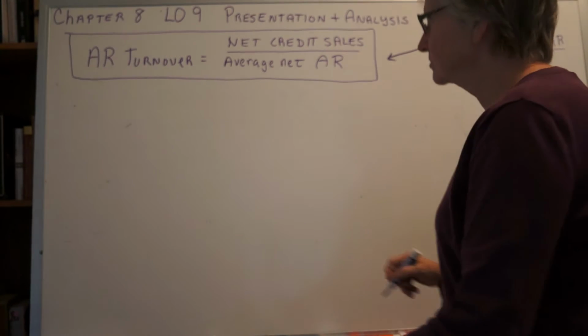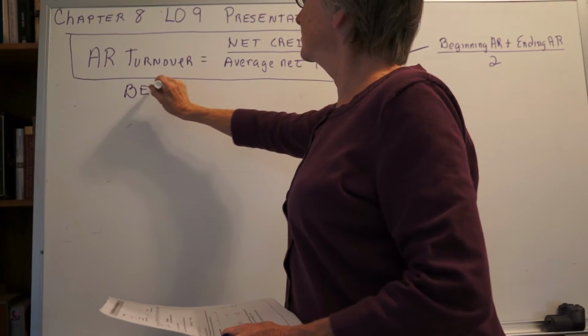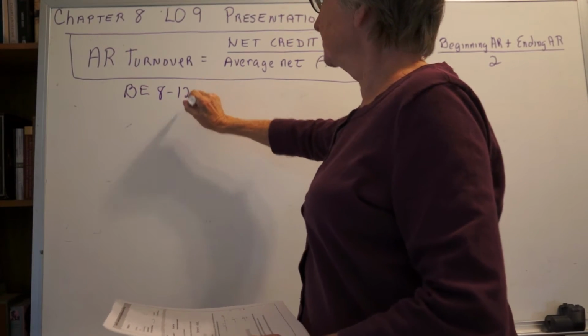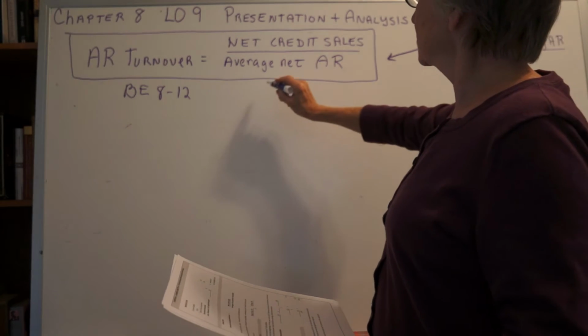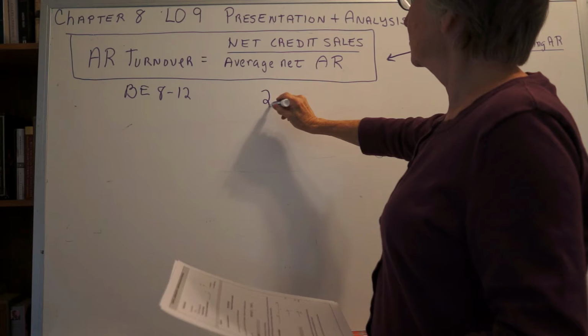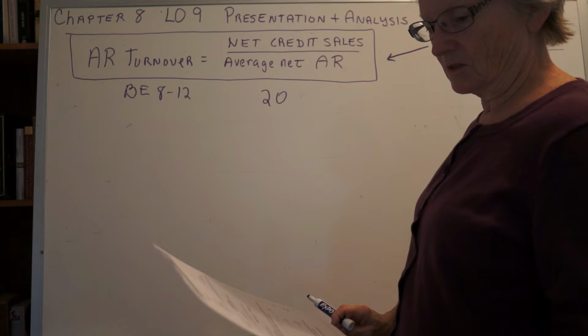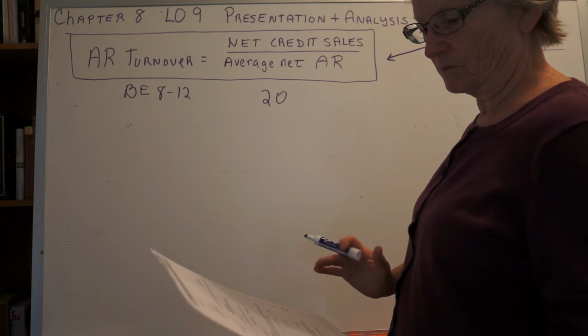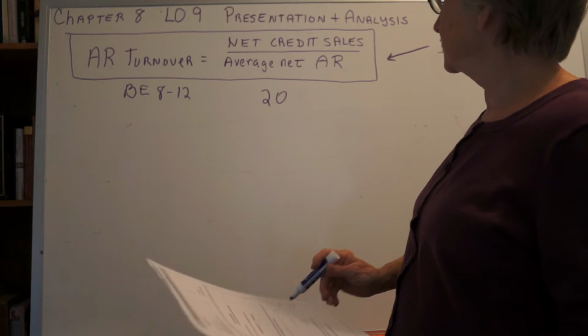So let's look at brief exercise 8.12. This is the 3M company, and they give us net credit sales of 20 billion, so I'm just going to do 20. Receivables at the beginning of the year were 2.7 billion, and at the end 2.8.